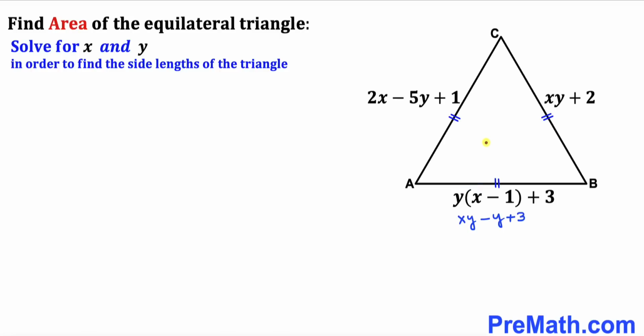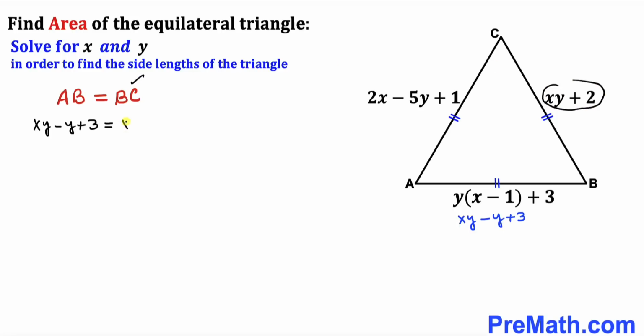Since we are dealing with this equilateral triangle, let's compare these side lengths AB and BC. These two side lengths are equal. So I'm going to replace this AB side length by x times y minus y plus 3 equals, and this BC length as x times y plus 2.